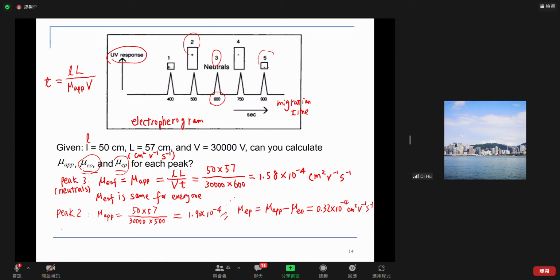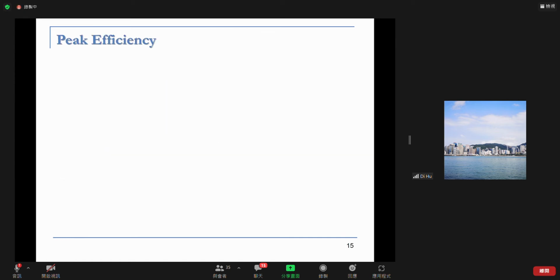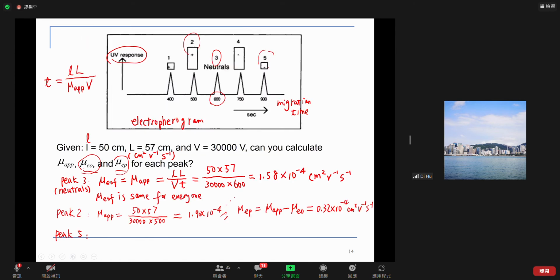And then I'm going to calculate peak 5. So I got the apparent one equal to 50 times 57 divided by 30,000 times 900.